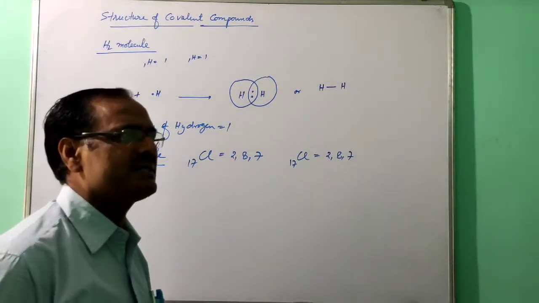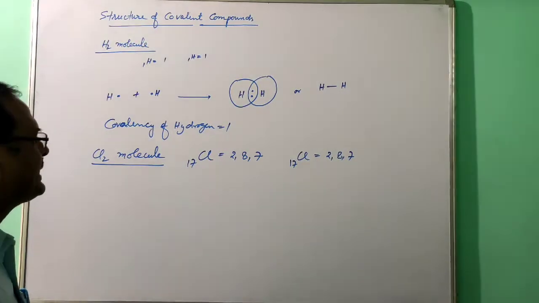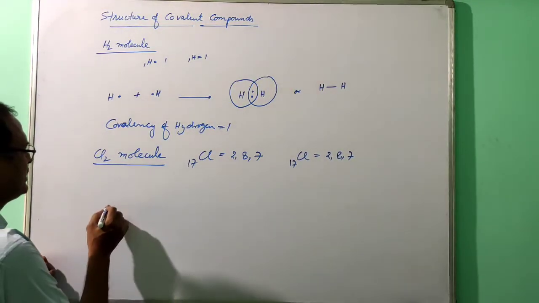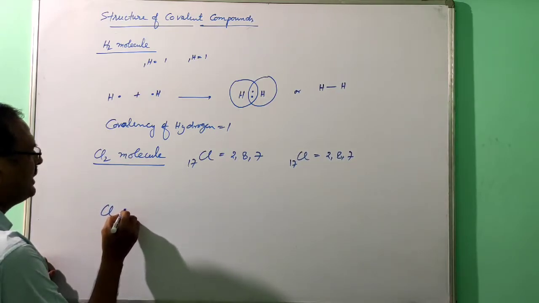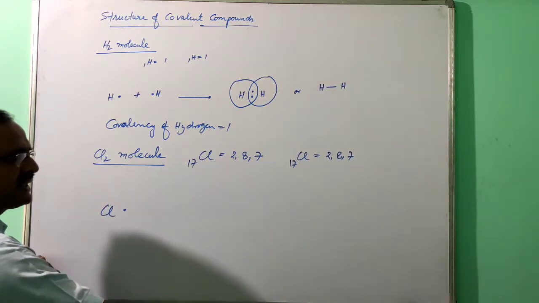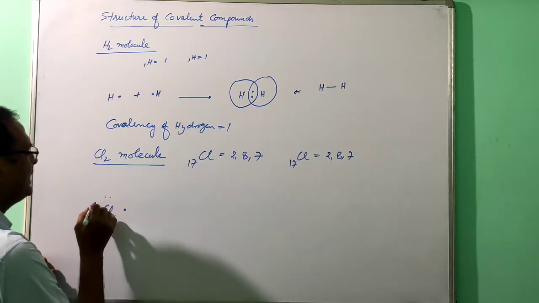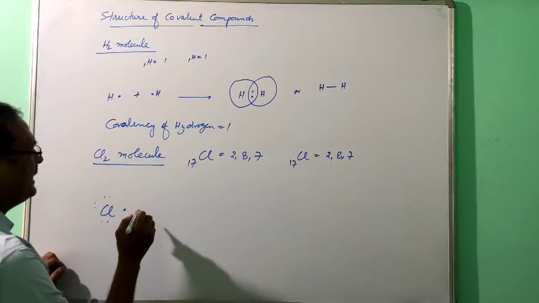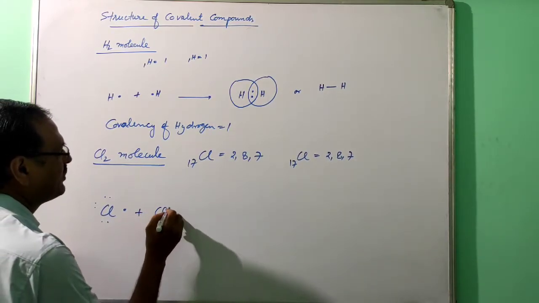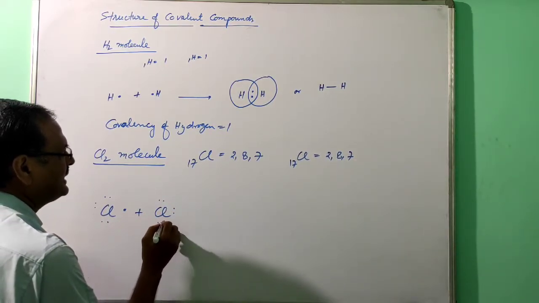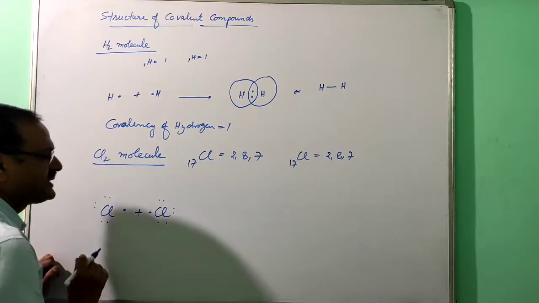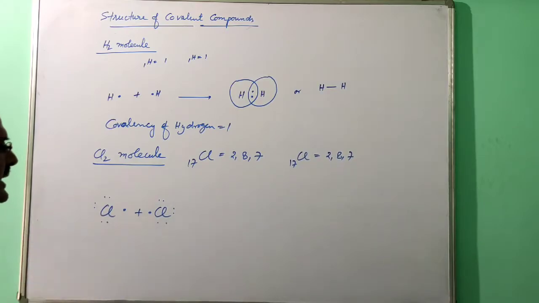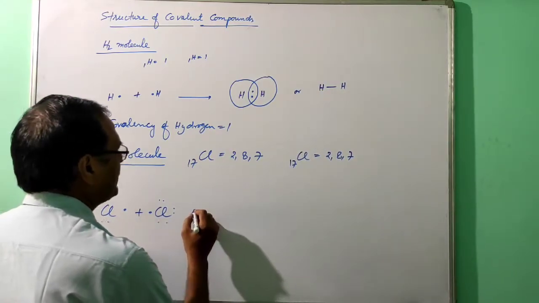If 1 more electron comes, the octet will be completed. So this chlorine will share 1 pair of electrons. For this chlorine, you can write 1 electron that will be shared on the right side of the symbol, and then 6 more electrons. Now 7 electrons are there. Then another chlorine atom has 6, and 1 electron will be shared on this side, means from one atom the right side, from the other atom the left side. So this electron will be common.